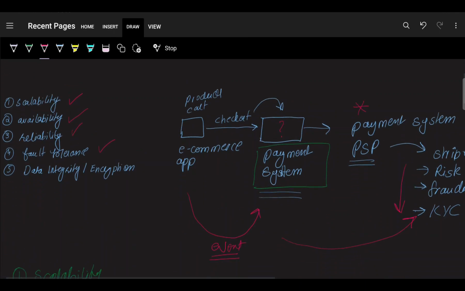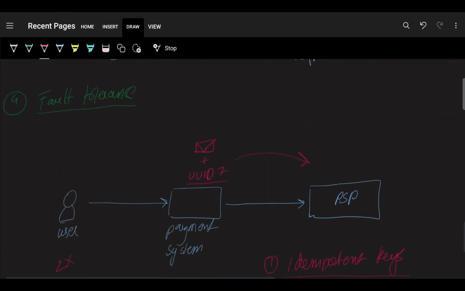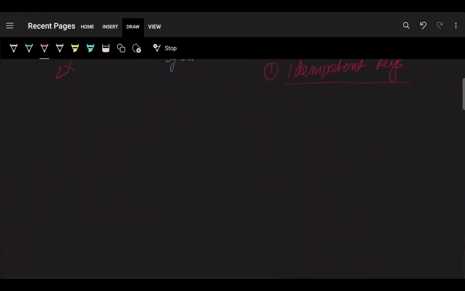And the last point, so we've talked about fault tolerance, and now we are left with encryption and data integrity. So how do we make sure that the data that we are saving complies with certain global compliances, and isn't vulnerable to hackers?